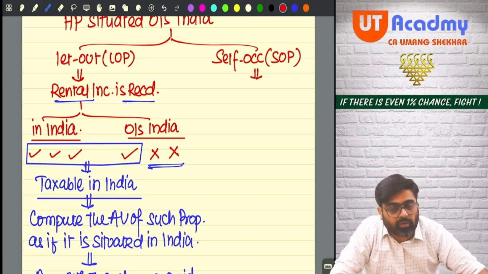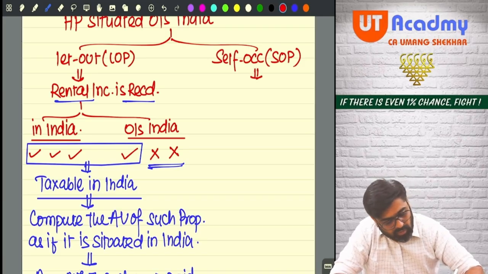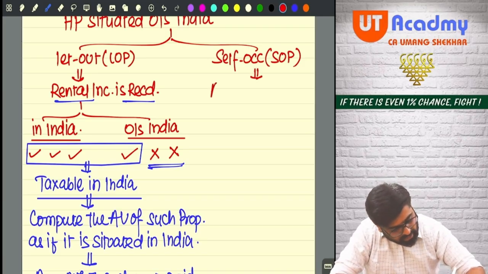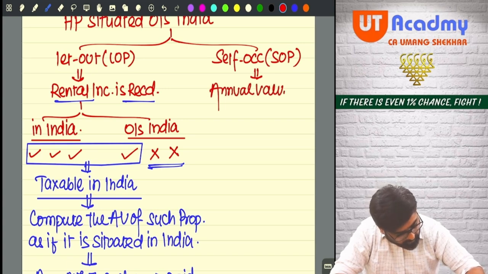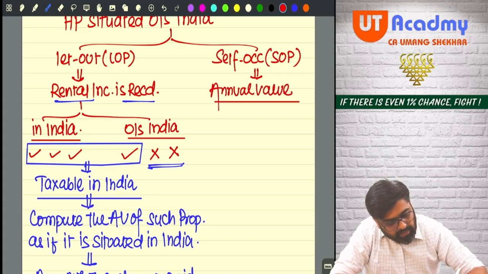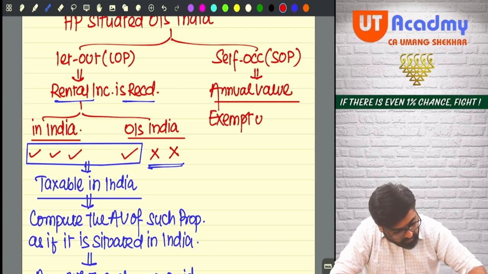What if the property is SOP? If the property is SOP, the annual value of this property can be treated as exempt under section 23(2).